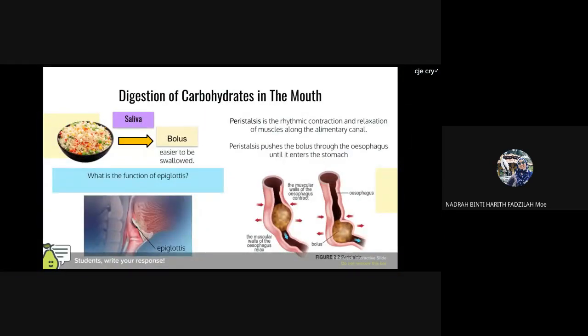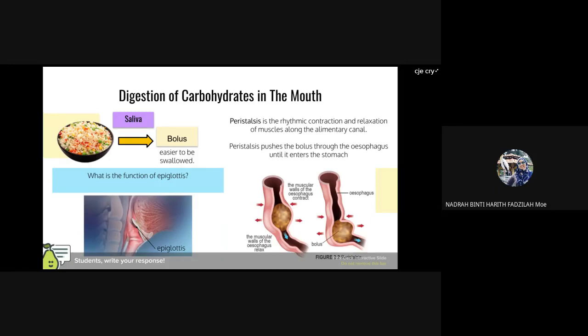Okay, so when the saliva reacts with the food that we eat, it will be molded to form a bolus, small, round, spherical food products, so that when it enters the esophagus, it will be easier to swallow.